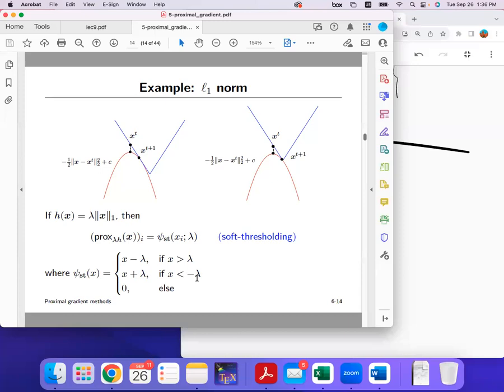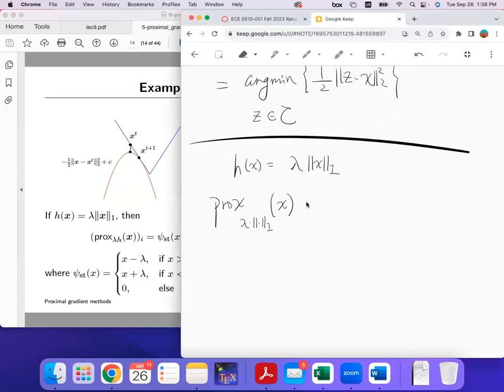So for every entry of X, because X is a vector, you look at this relation.